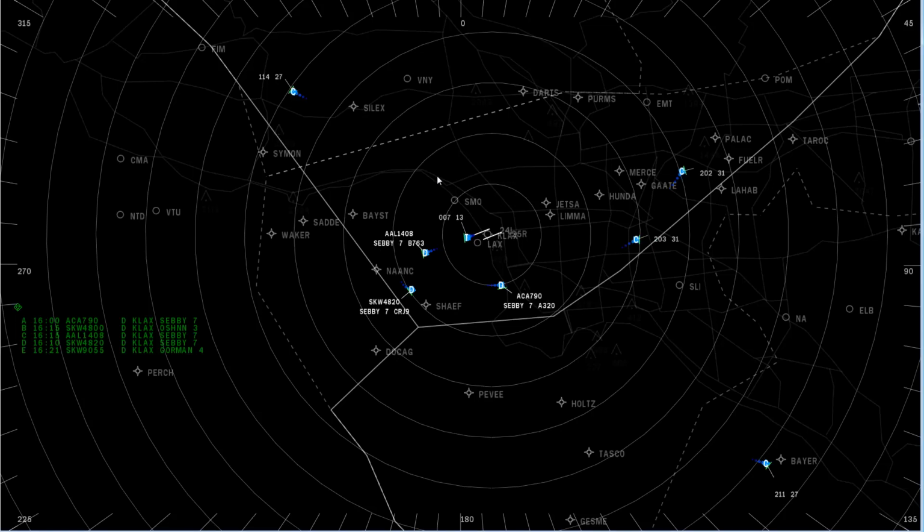American 1408, climb and maintain 13,000. Departure, SkyWest 4800 with information Alpha at 800s climbing to 3000s. Climb and maintain 13,000 American 1408. American 1408, proceed direct Seal Beach, resume the departure. Proceed direct Seal Beach, resume the departure American 1408.